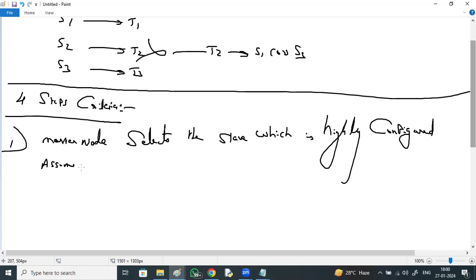Assume both have got equal configuration.